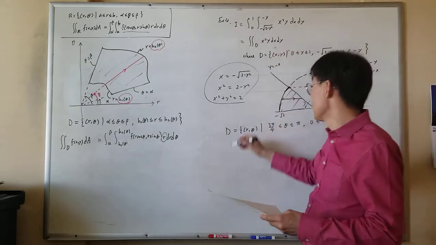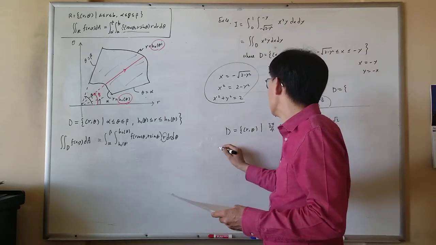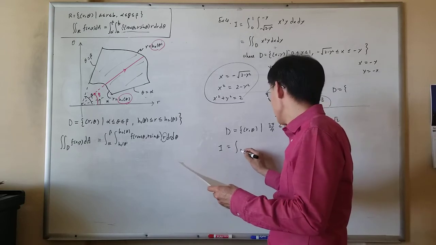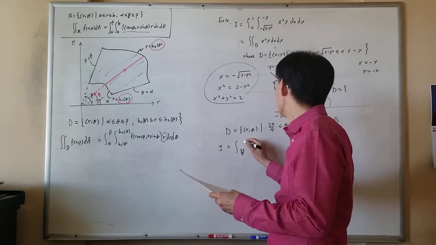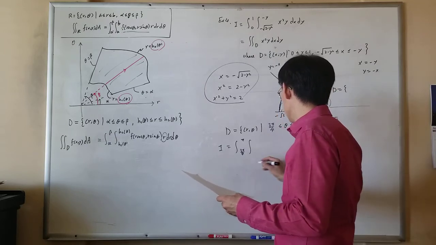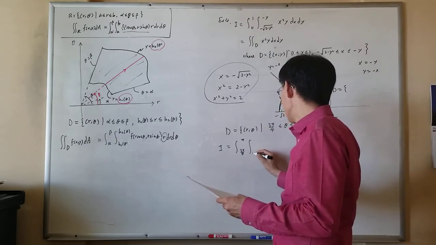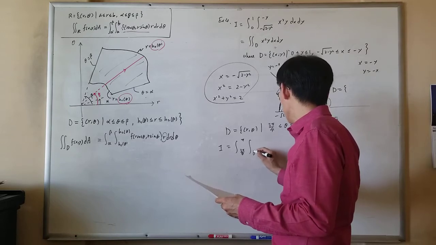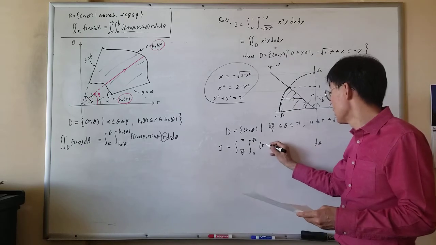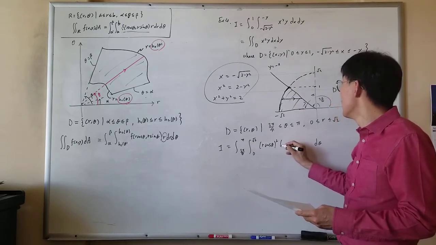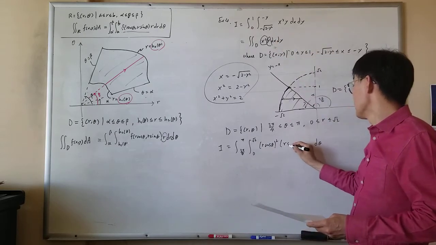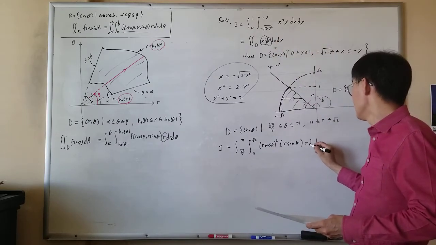When you have a polar rectangle, then your integral will be theta running from 3 pi over 4 to pi d theta, and r from 0 to square root of 2. x squared is r cosine theta squared, y equals r sine theta, and then r dr d theta.